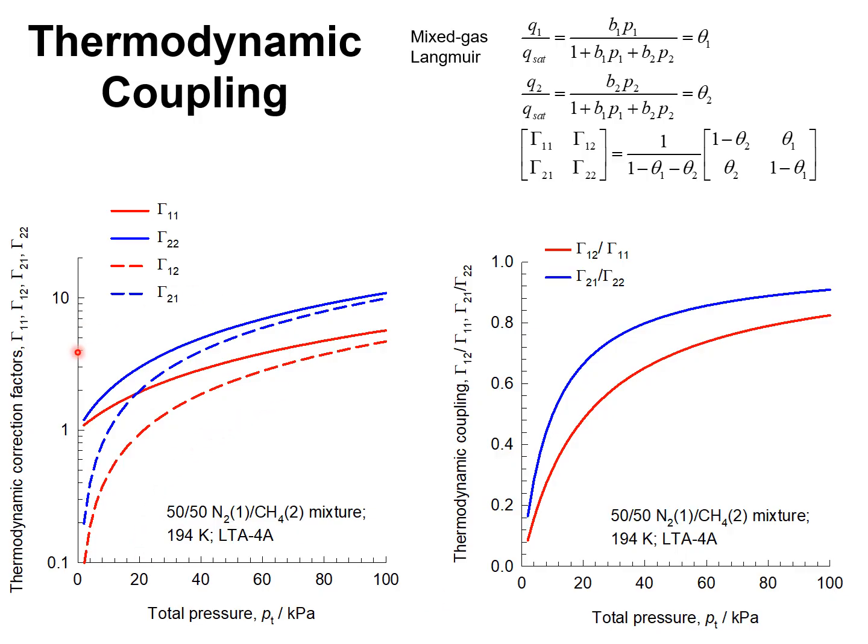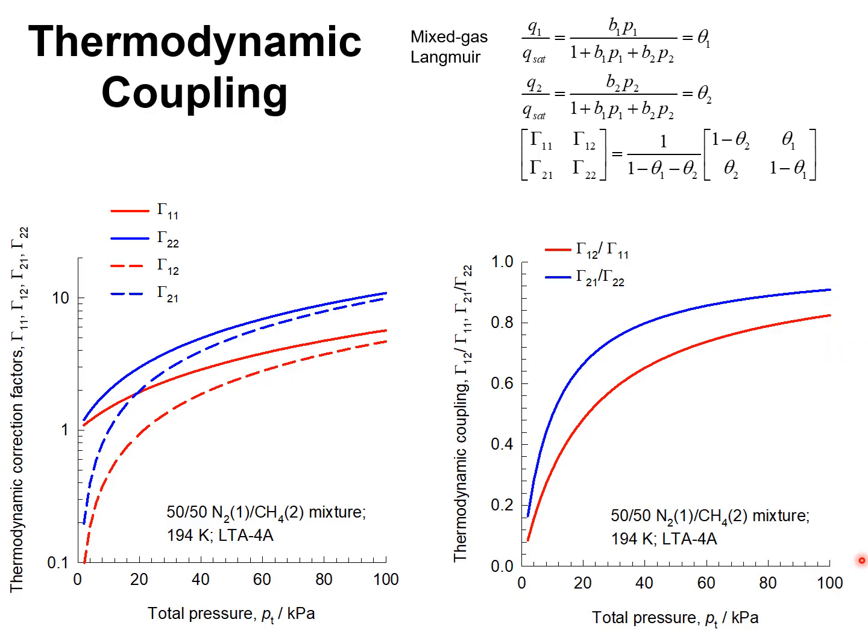A different way of plotting these results is to determine the coupling factors, gamma 12 divided by gamma 11 and gamma 21 divided by gamma 22. These are shown by the red and blue lines, and we note as the pressure increases from 0 to 100 kilopascals, the coupling factors increase from 0 to values in excess of 0.8.